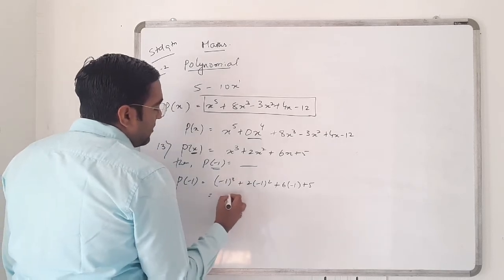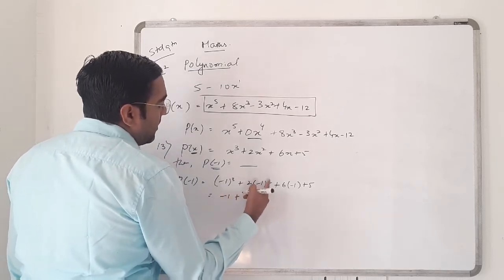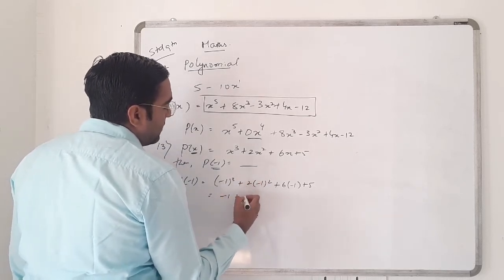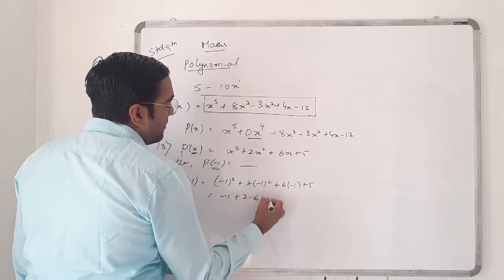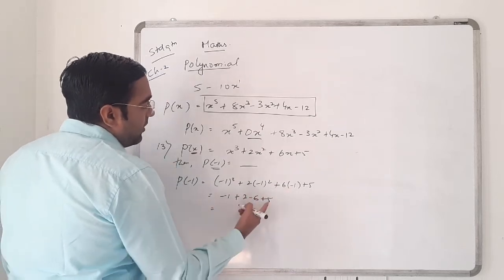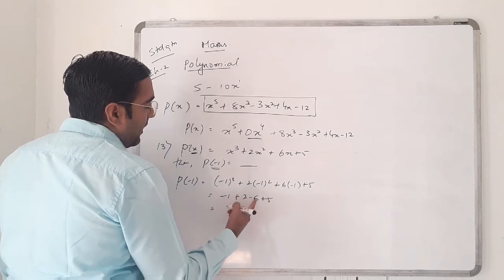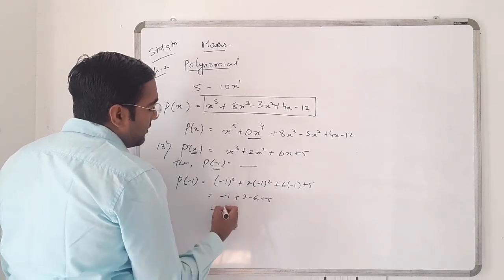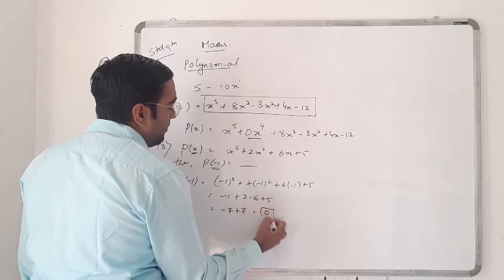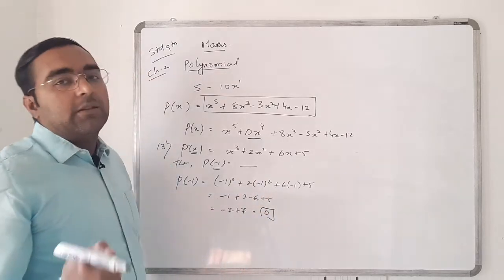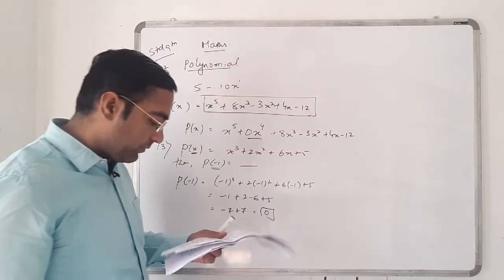Minus 1 cube is minus 1, minus 1 square is plus 1, plus 1 into 2 is 2, minus 1 into 6 is minus 6, plus 5. Now 5 plus 2 is 7, and minus 1 minus 6 is minus 7, so minus 7 plus 7 equals 0. So your answer will be 0.